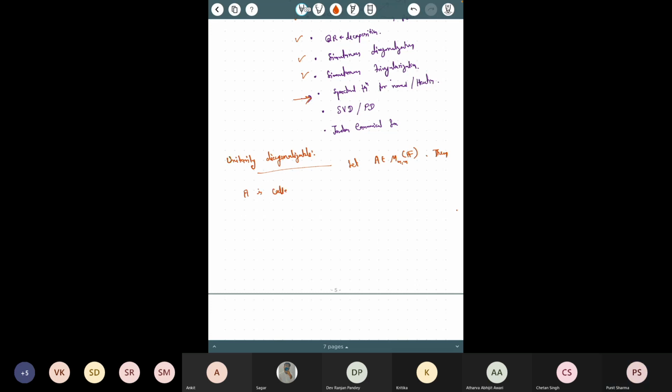Then A is called unitarily diagonalizable when F is C, or real orthogonally diagonalizable when F is R, if A is unitarily or orthogonally similar to a diagonal matrix.